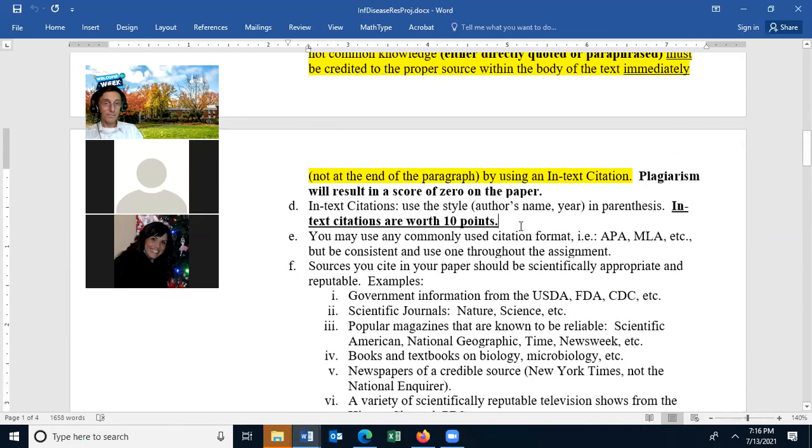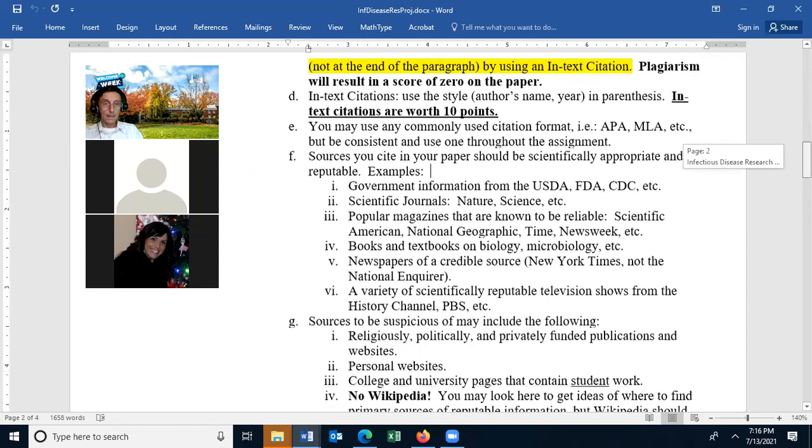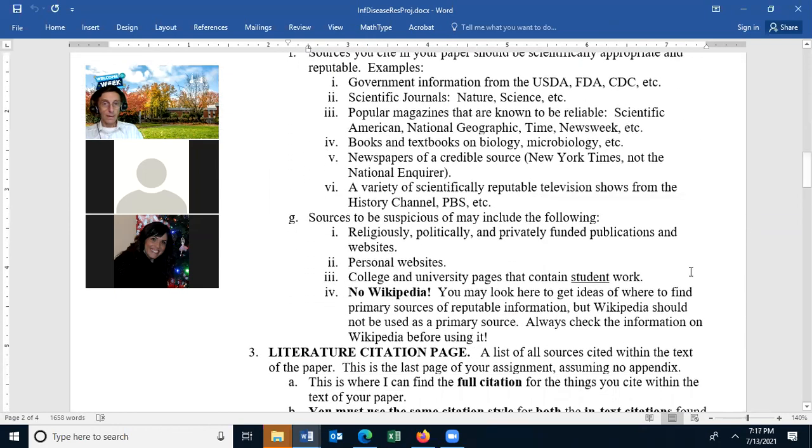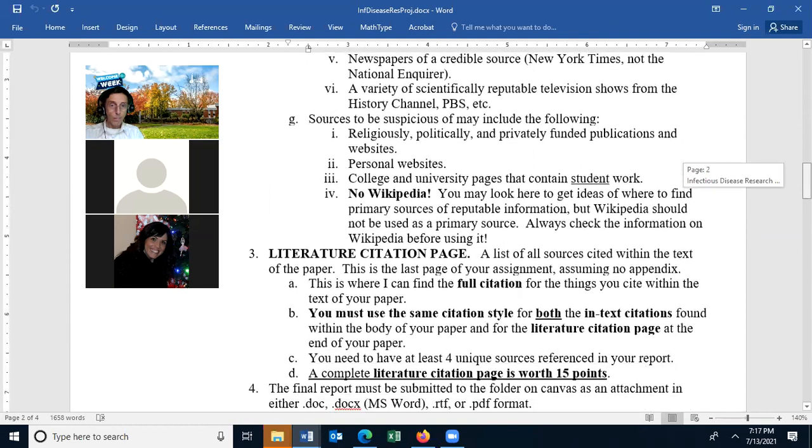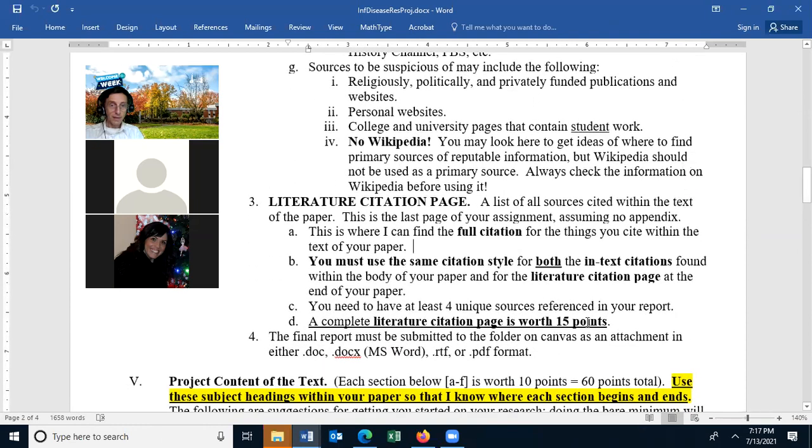Yep, 10 points. And then the full citation, I don't see how many. Oh, there it is there. Is worth 15 points.